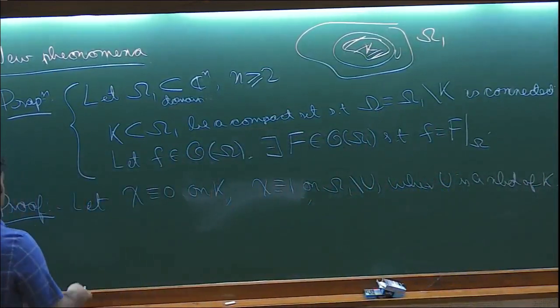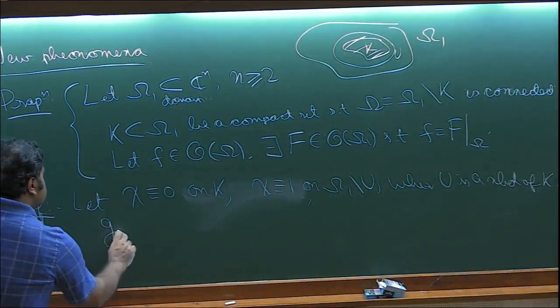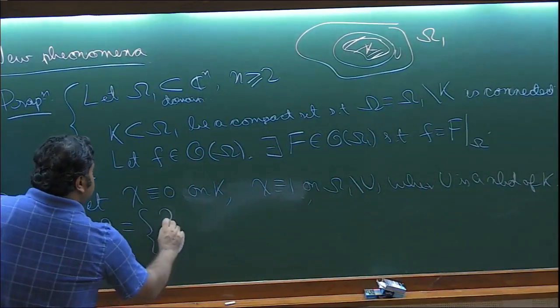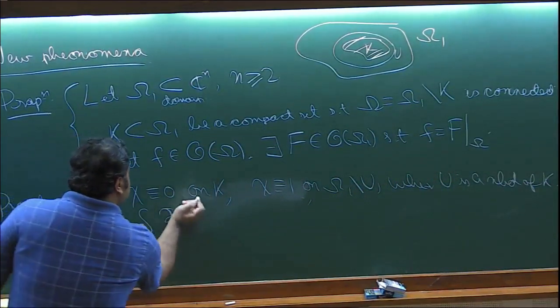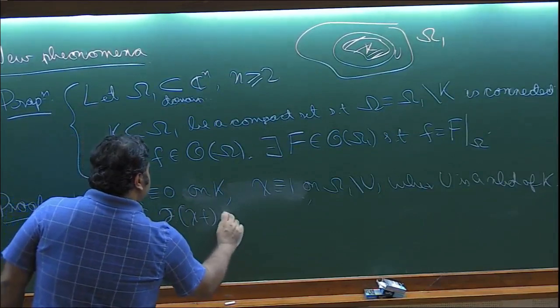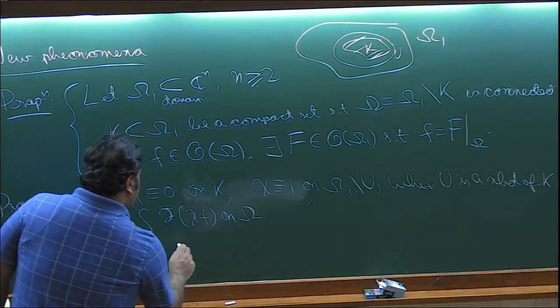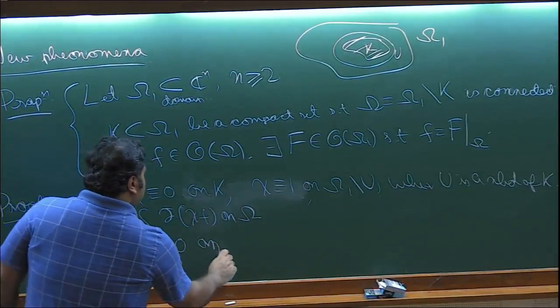And now, of course, you look at the data G, which is given by d bar chi times f on omega and 0 on k.